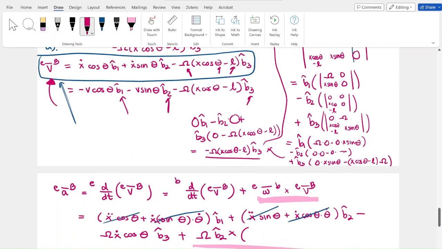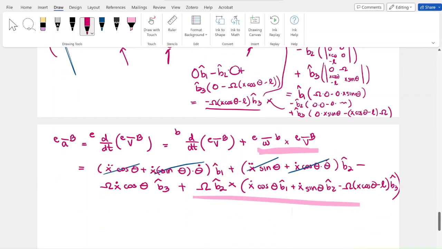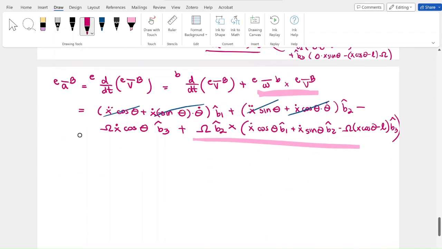Your velocity vector is x dot cosine theta B1 hat plus x dot sine theta B2 hat minus omega x cosine theta minus L B3 hat. Cool. So we are left with omega x dot cosine theta B3 hat plus this ugly cross product.